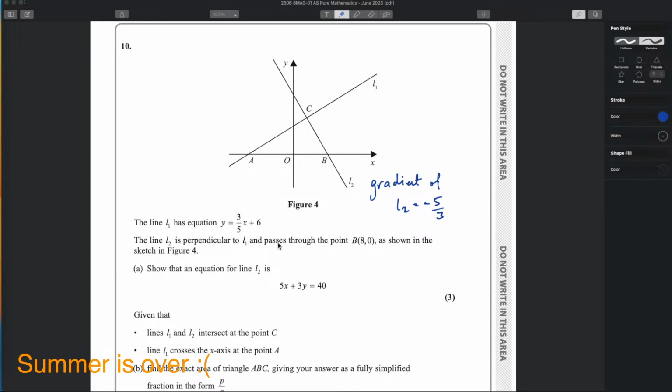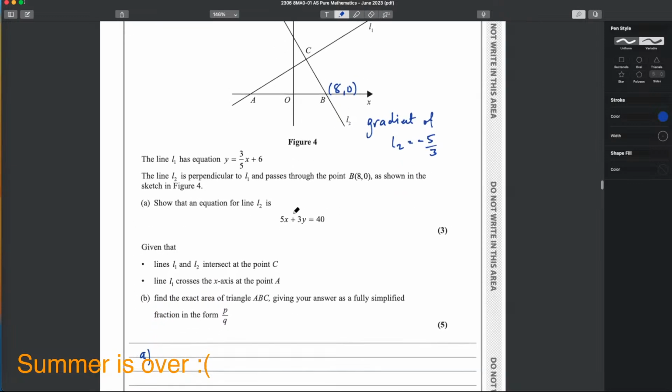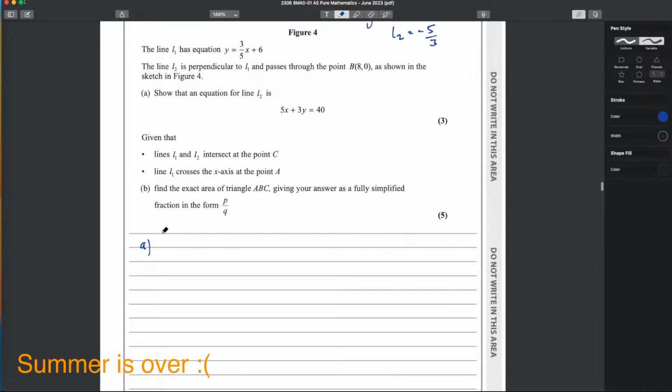Do we have a point on that line? Passes through the point 8, 0. Oh, this point B is 8, 0. Yes, we have a point on that line, so we can go ahead and find the equation of that line.